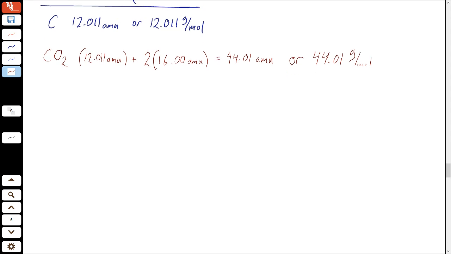So if we wanted to know something like how many moles are in 63.5 grams of CO2.